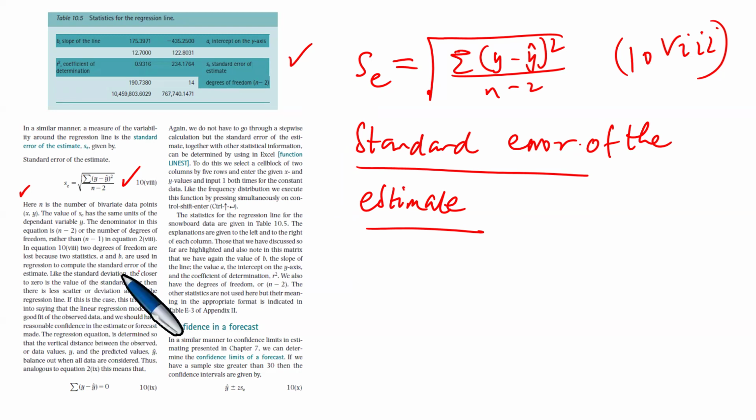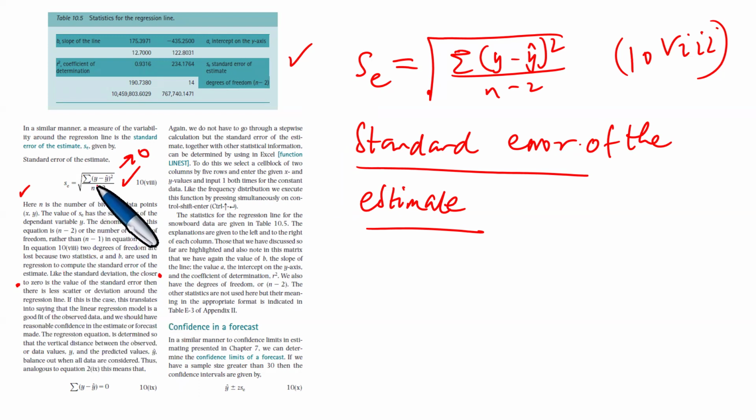Okay, so this is very, very important. I want to mention that the closer the value of the standard error is to 0, the less scatter or deviation there is around the regression line.